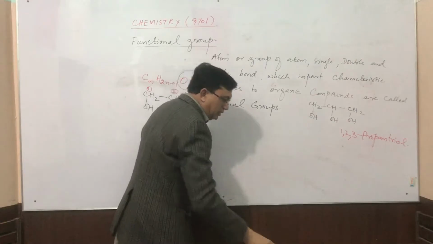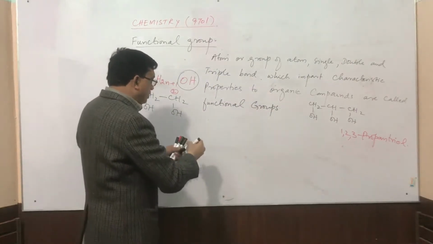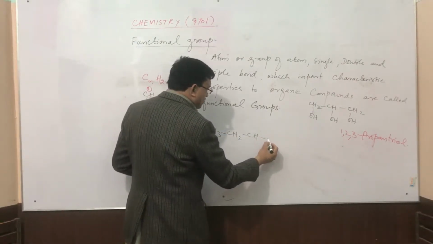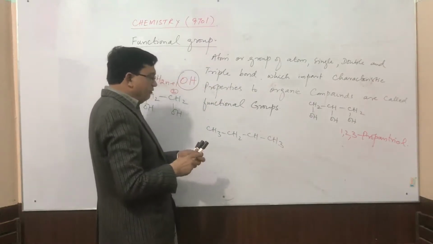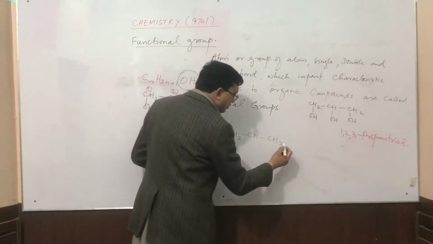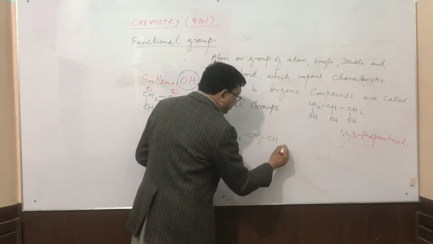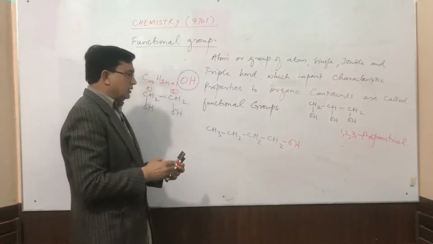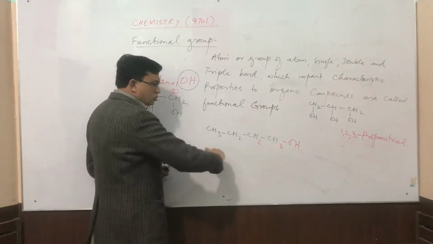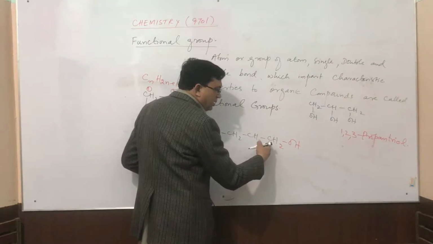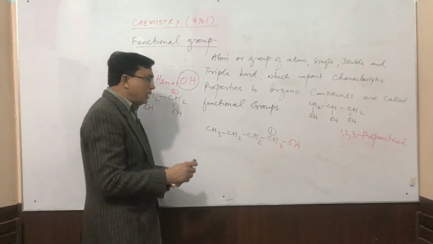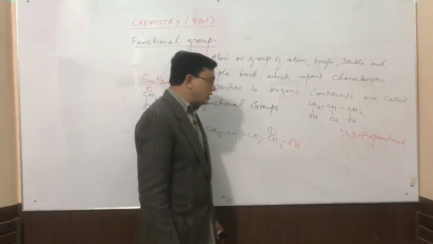For example, if we have this compound CH3, CH2, CH and then CH3, and the functional group is present here, then if we start numbering to name this, we will number the carbon atom containing the functional group as number 1, or we have to allot the smallest number to the carbon atom which contains any functional group.